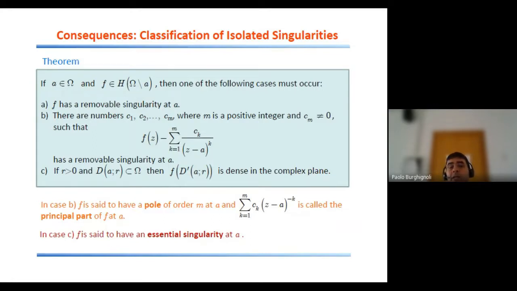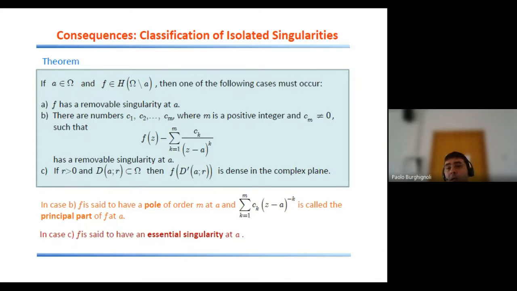So the remaining case is a case in which the function has a very weird behavior in the neighborhood of the point A, because in this third possibility, it can be shown that for any positive radius r, that is the radius of a disk with center at the isolated singularity A, then the image of the disk without its center, of course, where the function would not be defined, well, the image of this disk is a set that is dense in the complex plane.